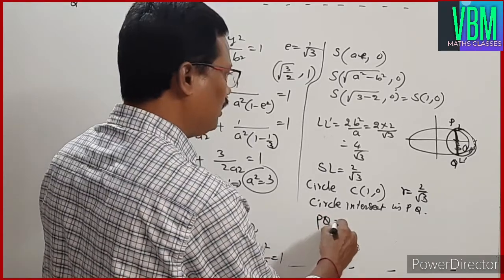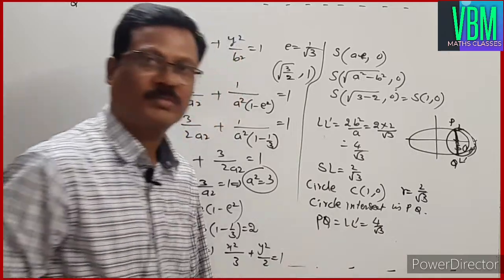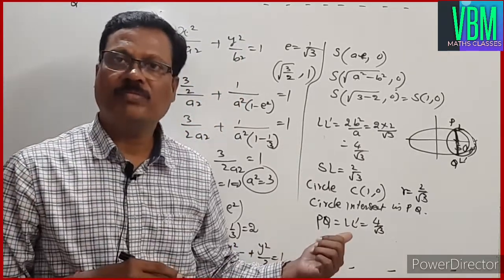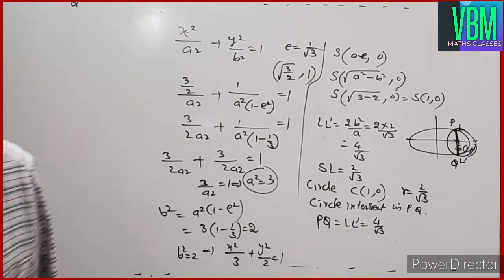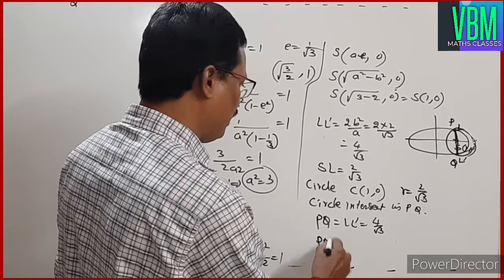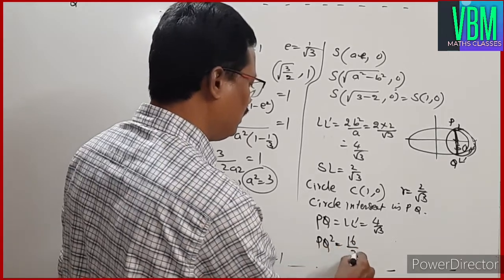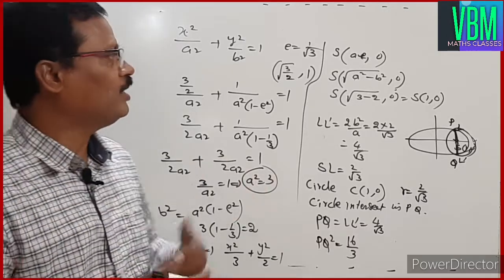That PQ is nothing but the length of the latus rectum, 4 by root 3. What they are asking in the problem? They are asking PQ square. What is PQ square? That is 16 by 3. This is the answer. Okay, this is very simple.